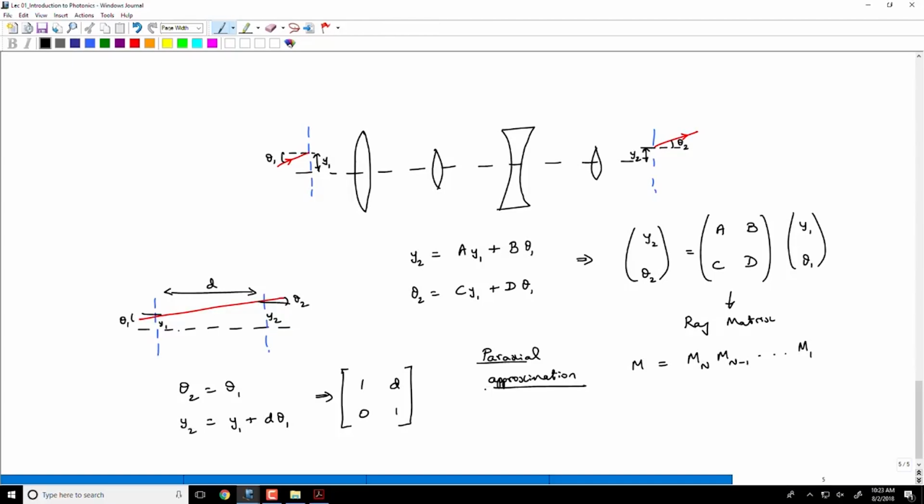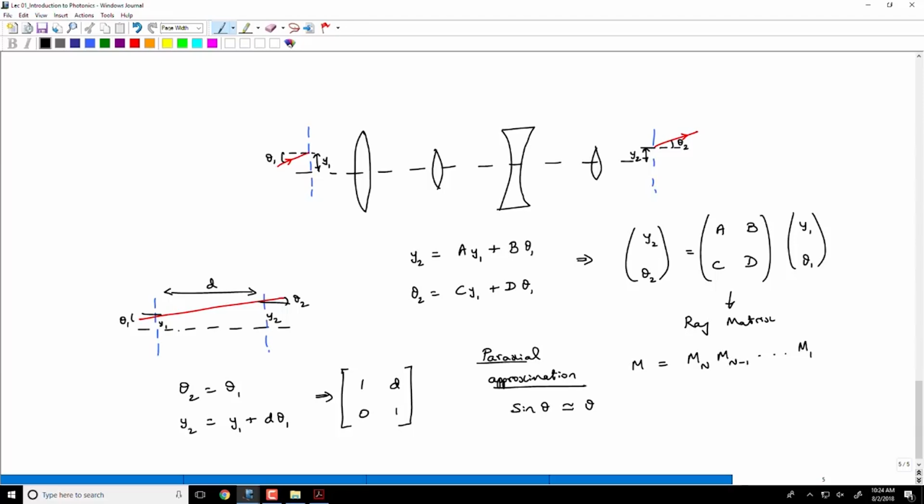Okay. So, in the paraxial approximation, if you write sin theta, when theta is small, what is the value of sin theta? Theta itself. So, it can be approximated as theta. So, how does that help? Because as you are propagating through this optical system, you are encountering surfaces, and at each surface you are applying Snell's law.